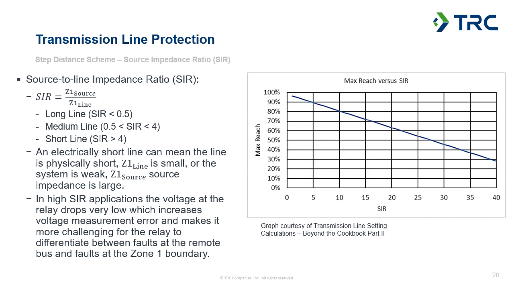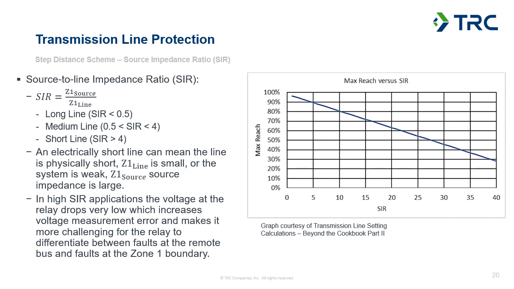What that gives us is a quantity that we can use to understand, electrically, the length of a line, if it's electrically a long line versus a short line, and that'll impact how we look at the measurement quantities we're using to do our distance element calculation.